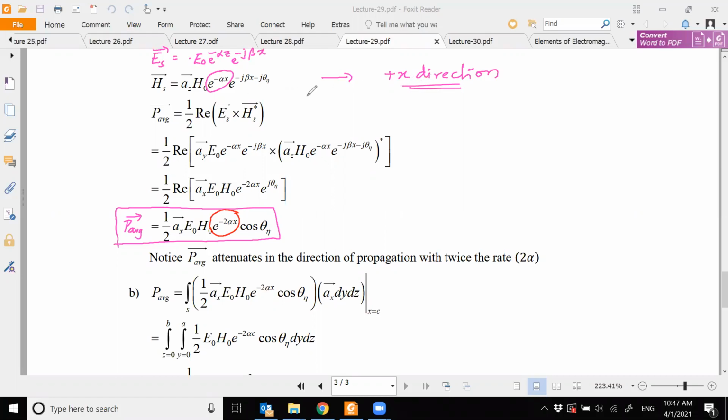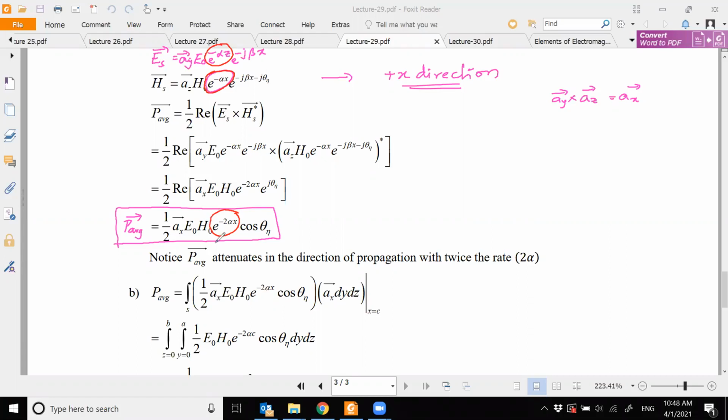X direction means what? You have a_x. So this is a_z, so this should be a_y cross a_z. When you look at the electric field and magnetic field, we see that their amplitudes are attenuating as a function of e to the power minus alpha x.